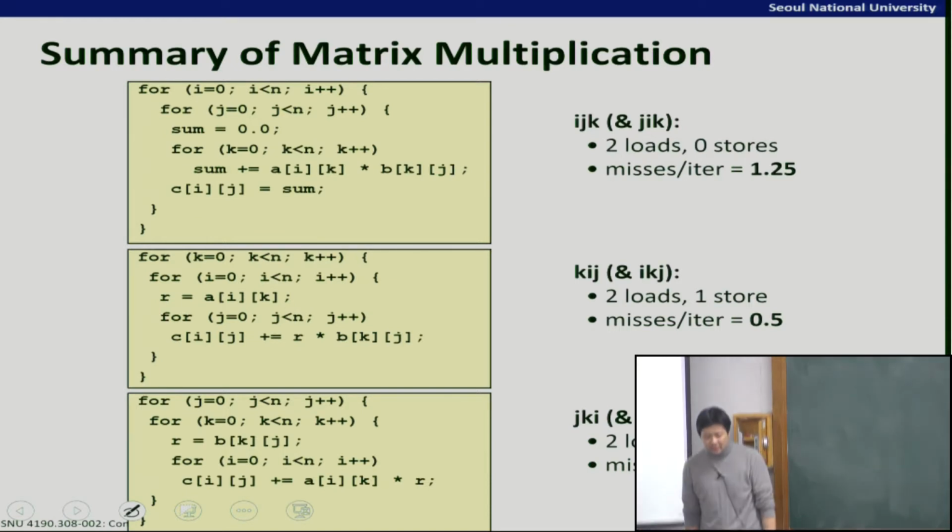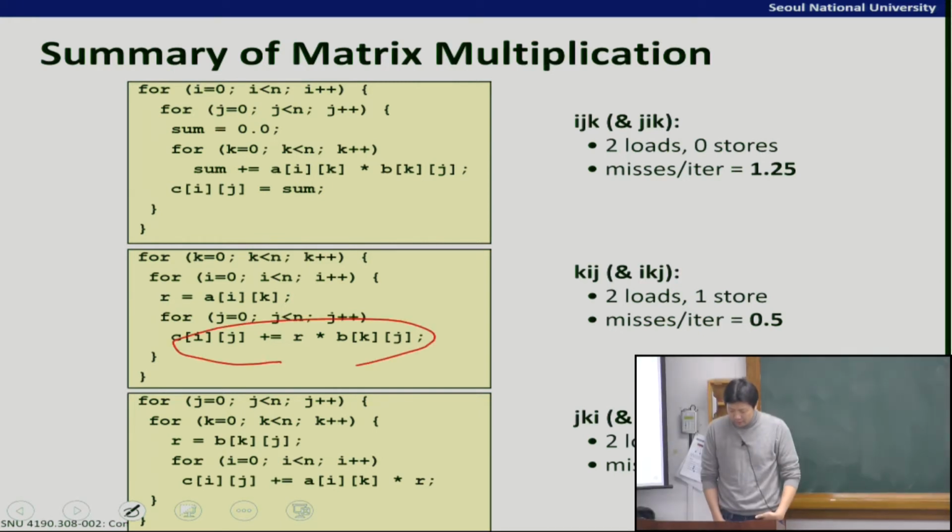The second one is the best case. In the innermost loop we do 2 loads and 1 store, but the cache misses per iteration will be only 0.5, much fewer per single iteration. Finally, the last case is the worst case: 2 loads and 1 store, and misses per iteration is 2.0, which is the worst, right?